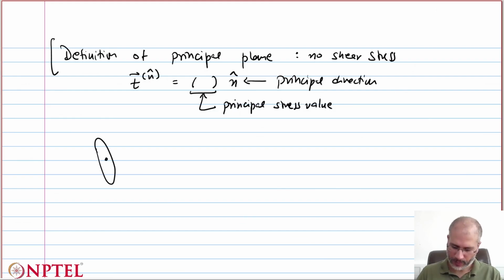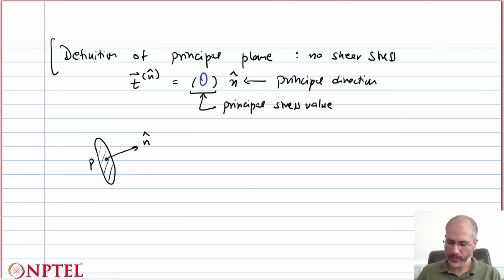We have a point P with an outward normal n hat, and the traction vector in this case is 0. So we can substitute a 0 here, and this satisfies the discussion of a principal plane. This is a very special principal plane where the principal stress value is 0, as we just discussed.